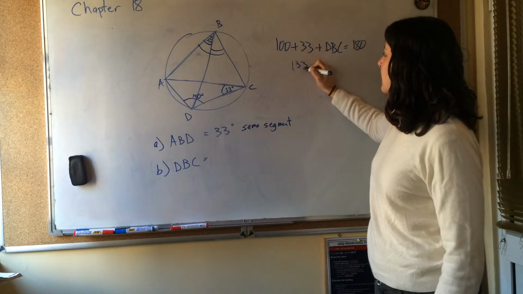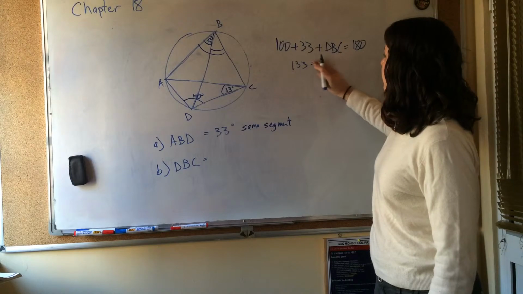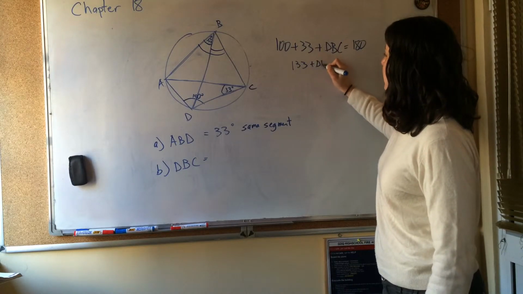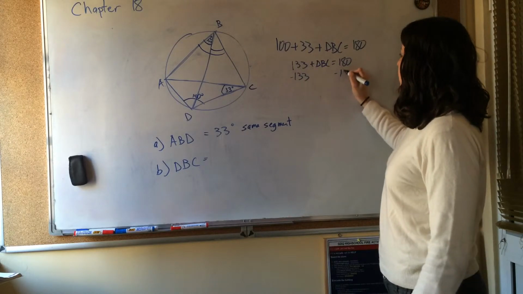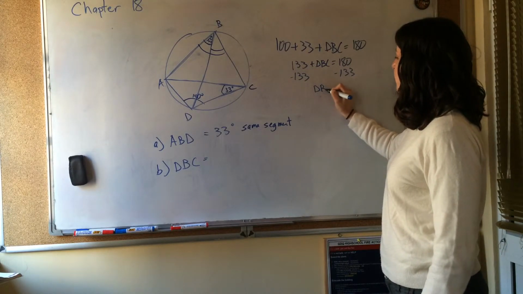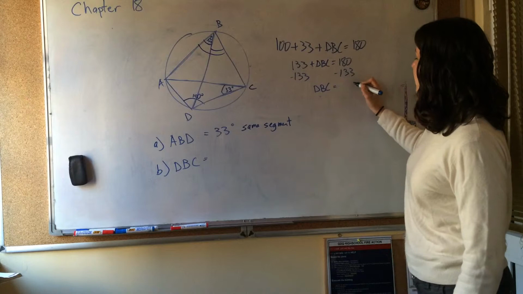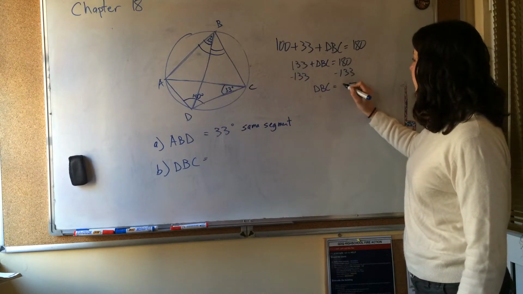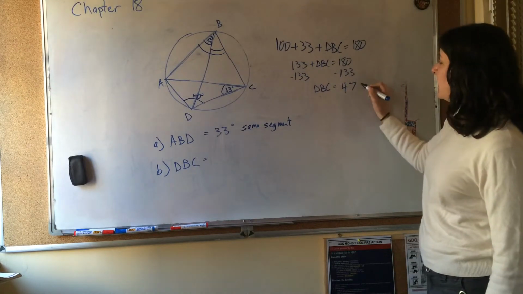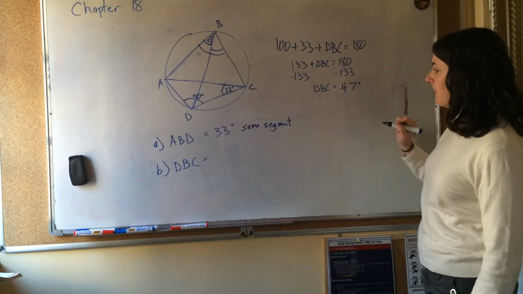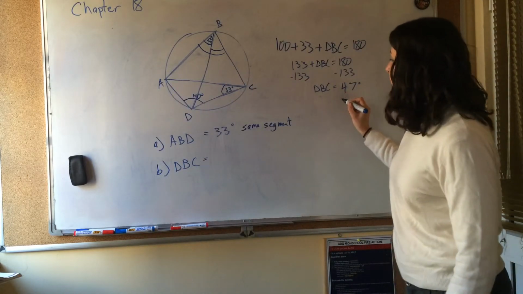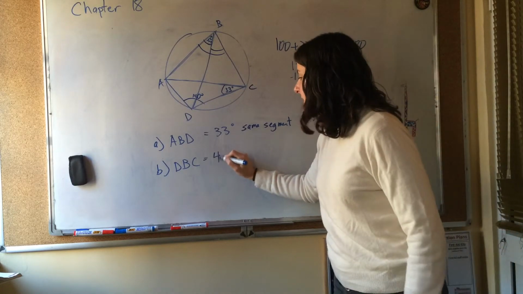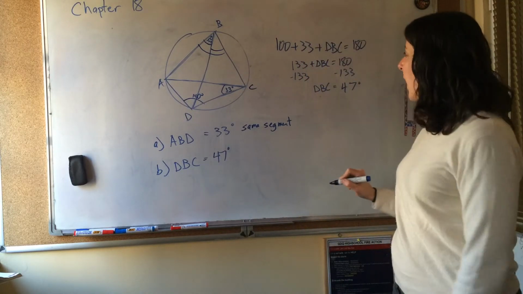So if we said 133 plus DBC equals 180, we subtract 133, and we get DBC equals 47 degrees. And I believe that's what the book is telling us. Yes, 47 degrees. So the question then would be, how can we explain why?